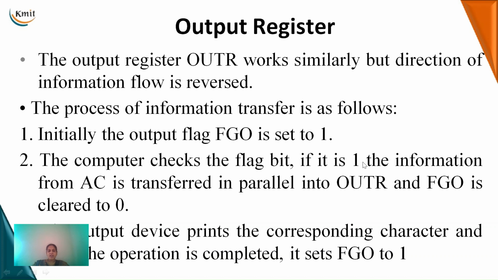If it is 1, the information will be transferred from the accumulator to the output register, and the flag bit is set to 0. The output device prints the corresponding character, and when the operation is completed, it sets the FGO back to 1.